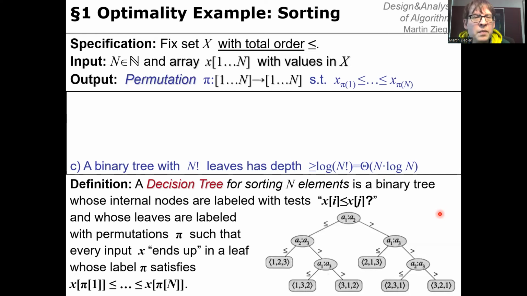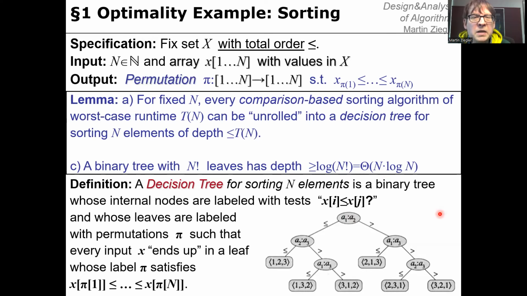So that's the third item of our lemma towards proving that any comparison-based sorting algorithm must have depth at least n log n. The next item is item A, which connects computer science and mathematics. Namely, it says that these decision trees that we introduced here are universal for comparison-based sorting. Namely, it says that every comparison-based sorting algorithm can be unrolled into such a decision tree.